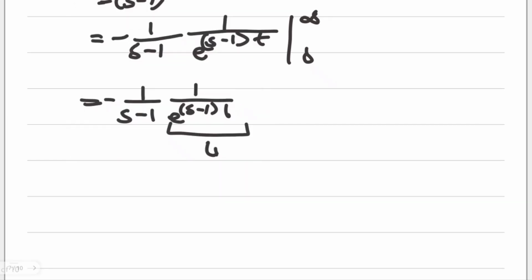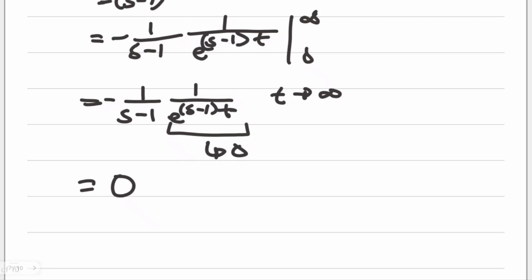As t approaches infinity, the entire expression approaches 0. In short, if this is 0 times this, the first expression is 0. We don't want infinity to be included in our expression, so we're just looking into that.